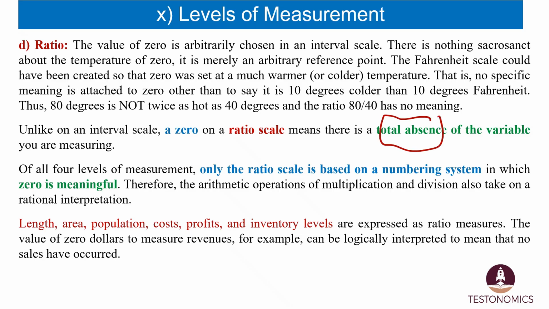So if we are measuring length and it is 0, then there is no length. The dimension is completely missing. Similarly, if you are measuring cost, 0 has a significance. That means there is no cost. Similarly, for profit, there is no profit. So when we say 0 here, it means total absence of the variable. This happens only under the ratio scale.